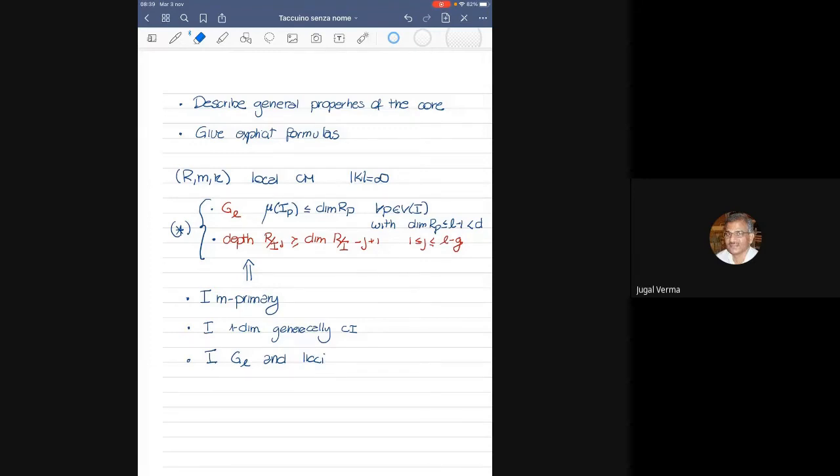So now that I have told you that the class of ideals we can look at is quite big, let me state the first result on the structure of the core.